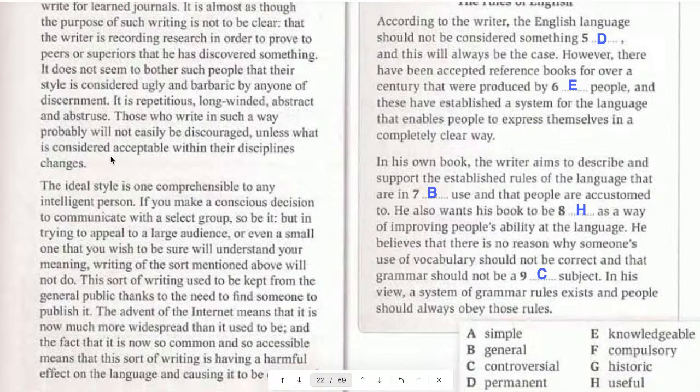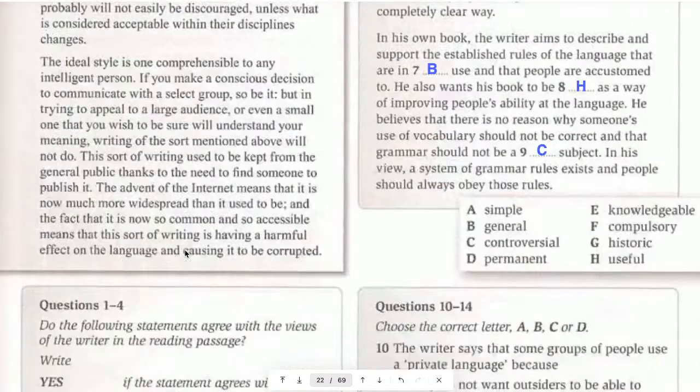Unless they are forced to, otherwise they will never change their writing style. And this part here is just some advice from the writer. If you want to write for everyone, you have to change your style.